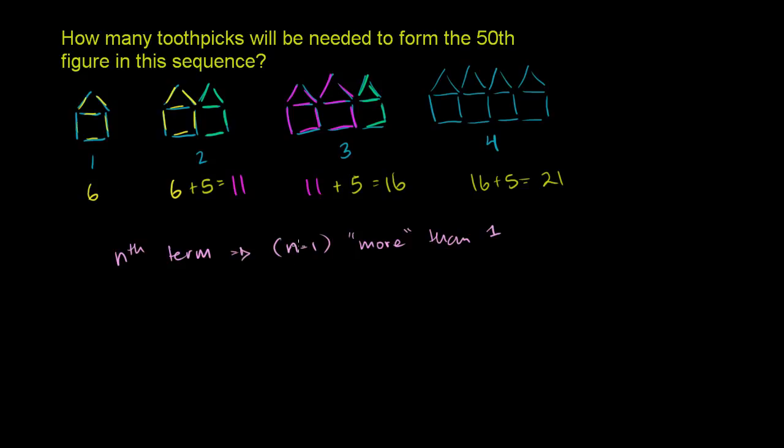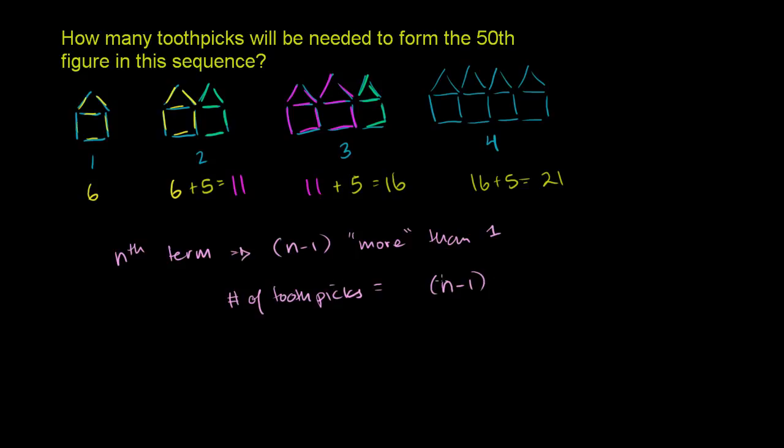So however much more you are than 1, you multiply that by 5. We're 2 more than 1, so we add 10 to the number of toothpicks we have here. We're 3 more than 1 here, so we add 15 to the number of toothpicks we have there. So you could say that for the nth term, the number of toothpicks is equal to the number you're more than 1, so n minus 1, times 5.